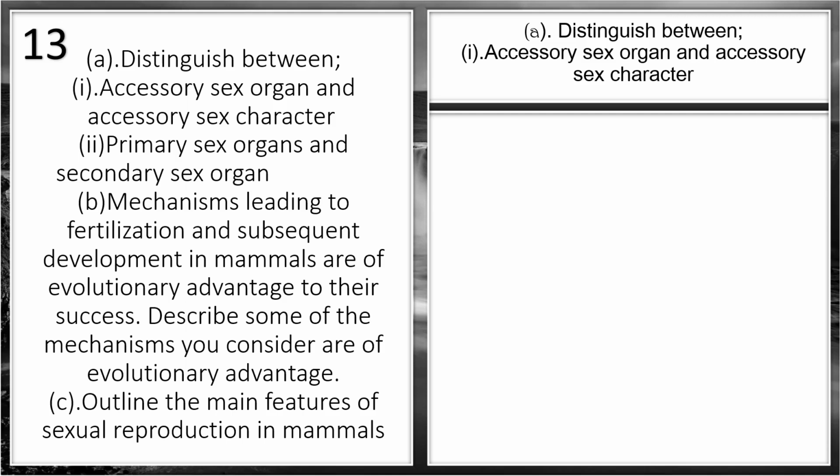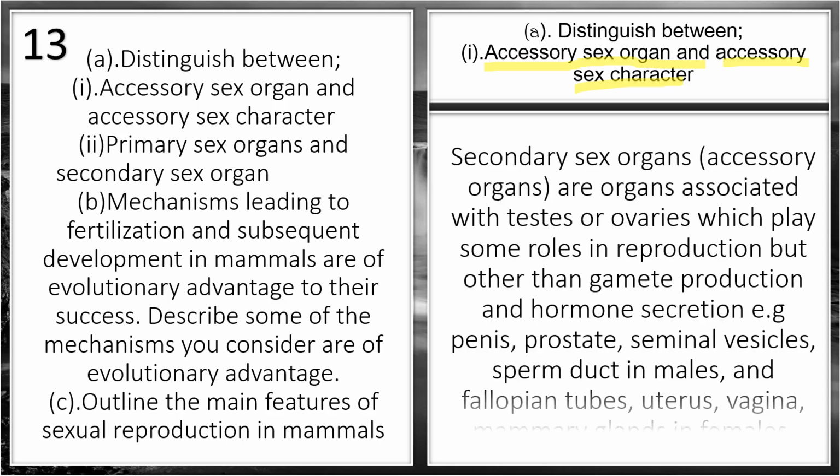Part A, number 1, distinguish between accessory sex organ and accessory sex character. Secondary sex organs or accessory organs are organs associated with the testes or ovaries, which play some role in reproduction other than gamete production and hormone secretion.